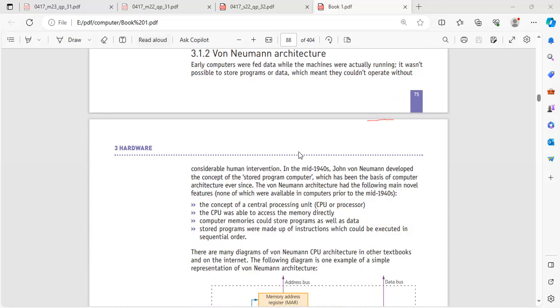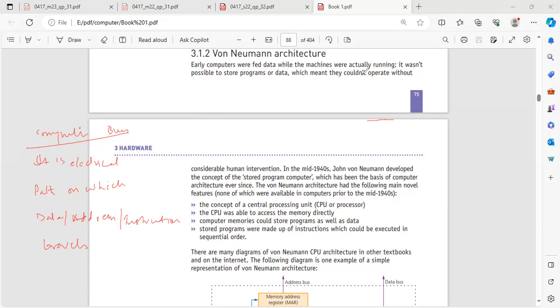One thing I want to tell you about is buses. Do you know about computer buses? It is an electrical path on which data, addresses, and instructions travel.